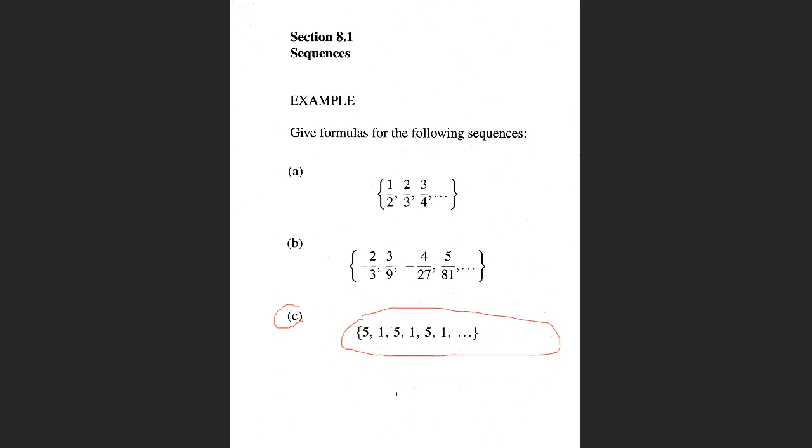Take a moment and see if you can think of a formula. I mean, well, this one is a difficult one, and I don't know in my years teaching if any students have ever been able to get the formula for a sequence like this, somebody just new to learning it.